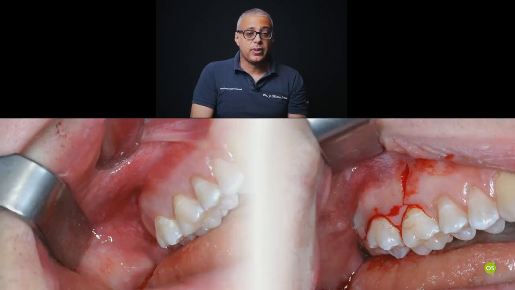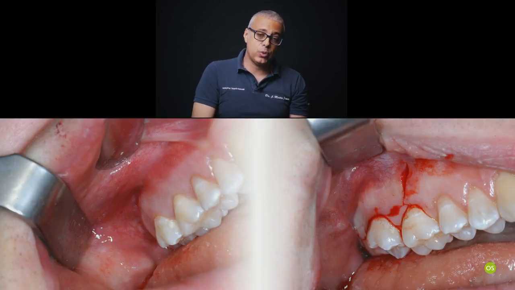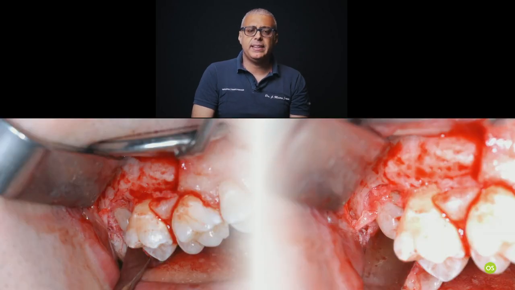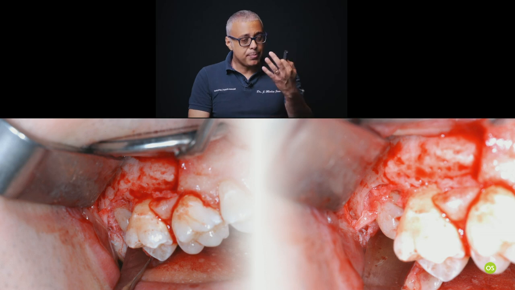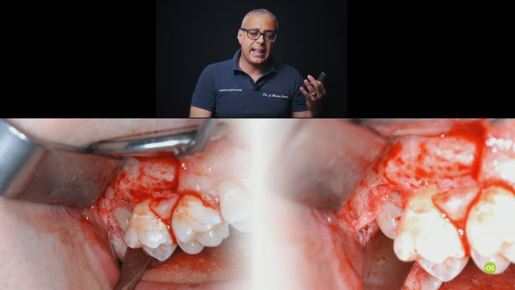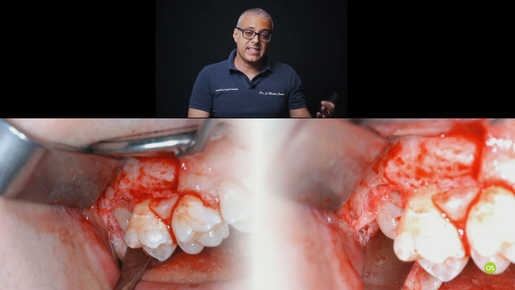Another 1.8 mesioangulated tooth. In this case, we do a papilla preservation trapezoidal flap. In the elevation of the flap, it's important to see that it is always a full thickness flap, and this always prevents any exposure of the Bichat fat pad.